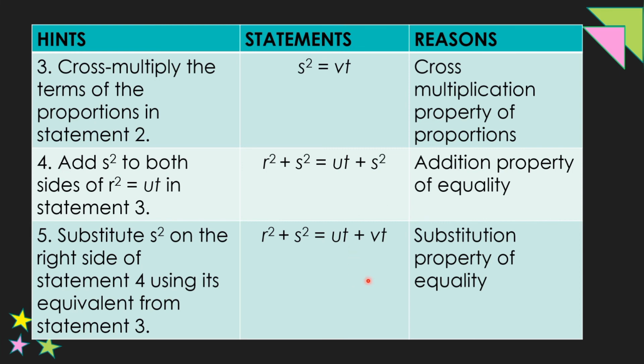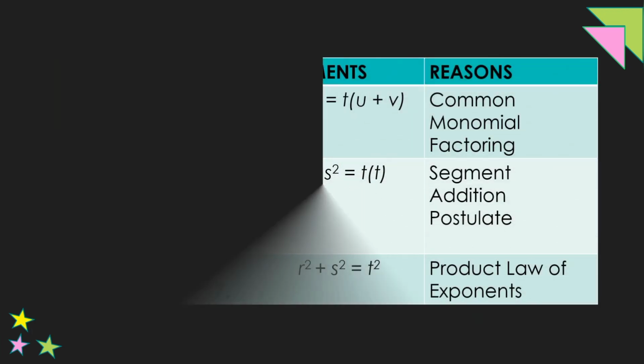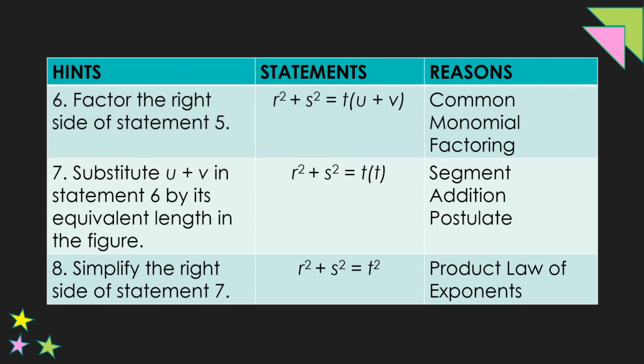Kaya naging UT plus VT. The reason is substitution property of equality. Next, factor the right side of statement 5. The right side will become T times the quantity of U plus V. The reason is common monomial factoring.